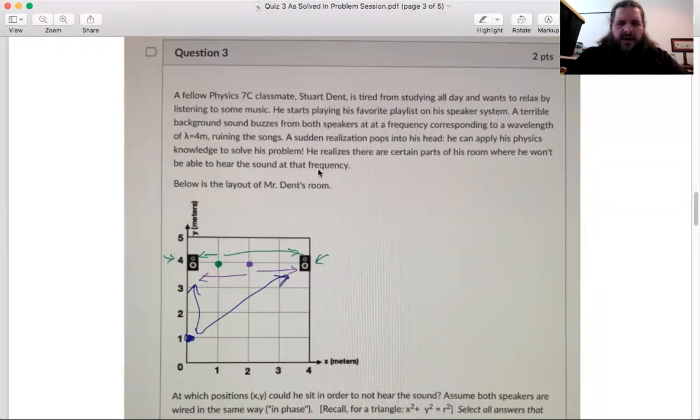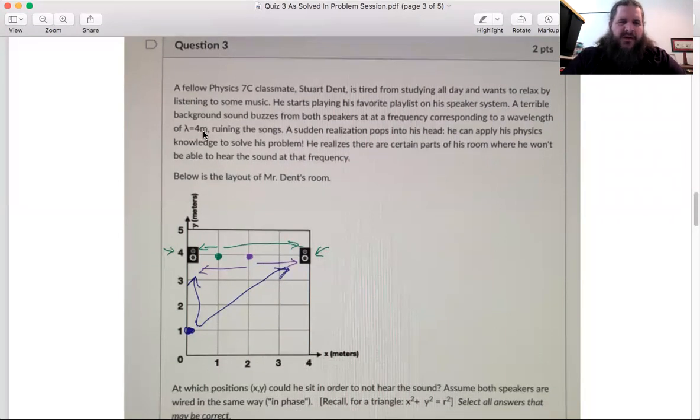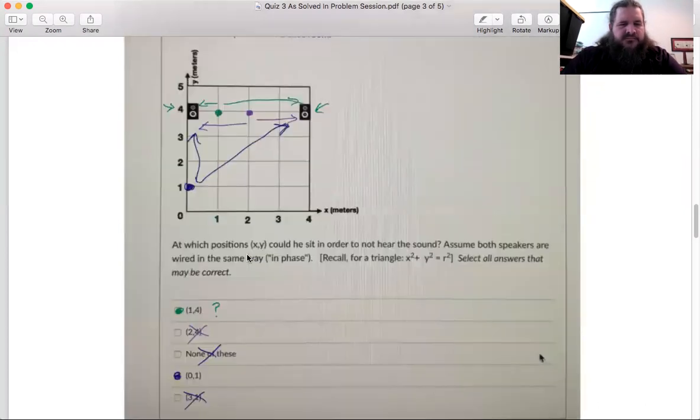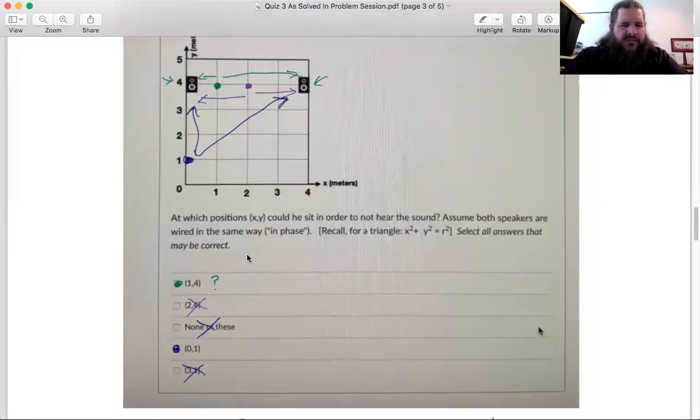And we want to know where in the room you won't be able to hear that 4 meter wavelength. So we want to know, are there any locations in this room where you can sit and not hear the sound? And it looks like there's possibly several locations we want to consider.